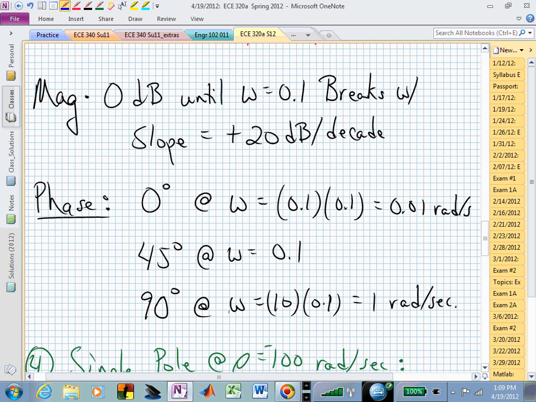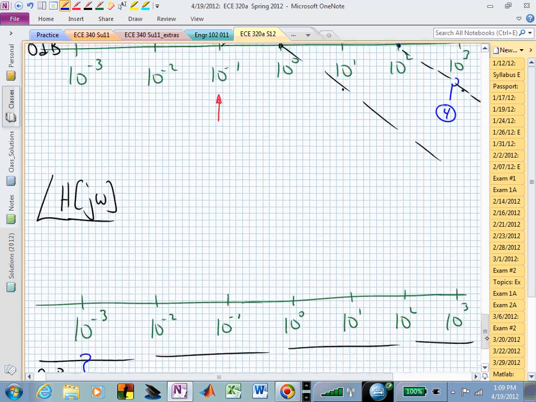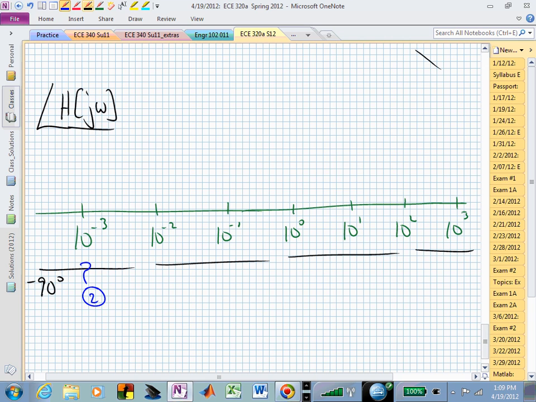So I need to turn it on a decade before the break, and these slopes are distributed across 2 decades of frequencies. That 2-decade span is centered on the break frequency. Here your break is at omega equal to 0.1, but we need to go back to 10 to the minus 2 and turn it on. So here is where we turn it on, here is where we turn it off.